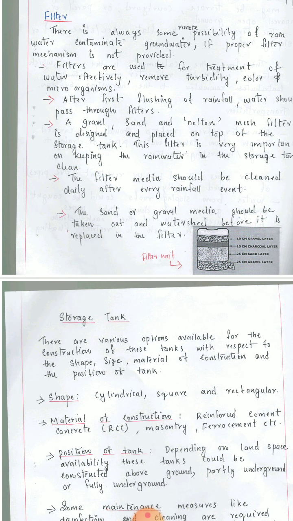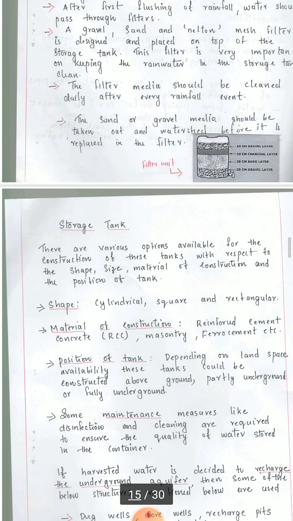Filters are used for treatment of water, effectively removing turbidity, color and microorganisms. To purify the collected water, we go for the filter method. After first flushing of rainwater, water should pass through filters. There are certain filters provided for the flow of water before letting it into the storage structures.